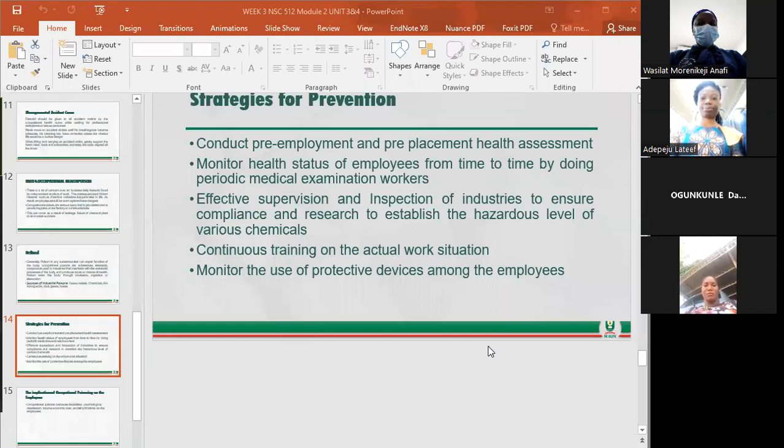It's actually to detect early in case there is any illness or any deformity going on in the system, which can become degenerative. Okay, I think she's having a network problem.